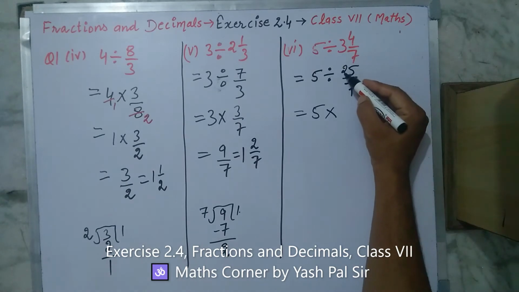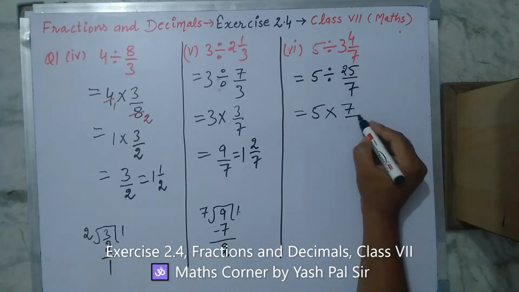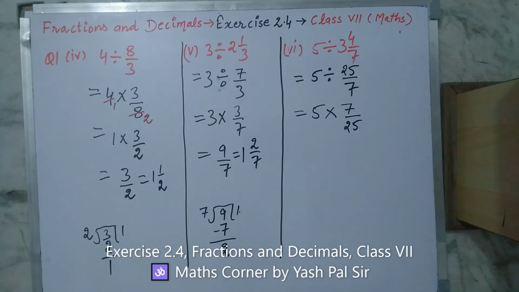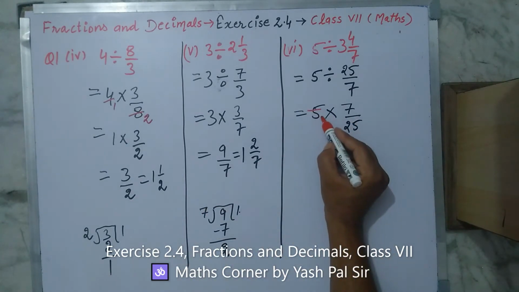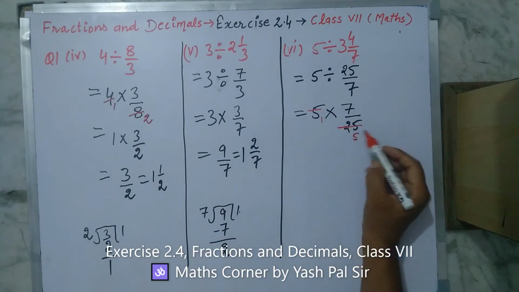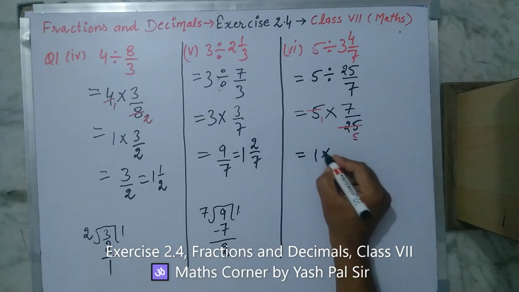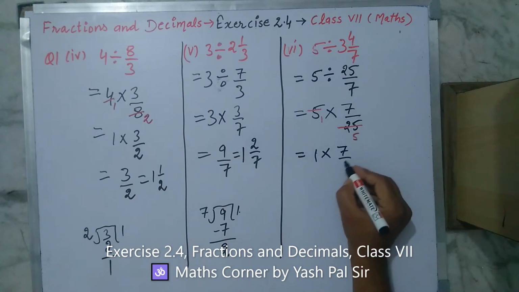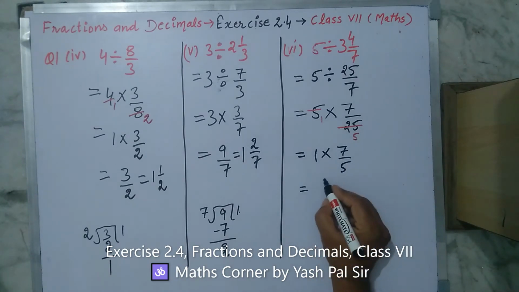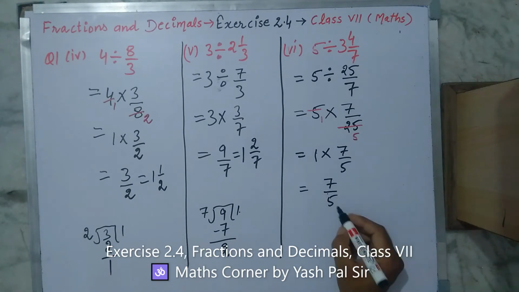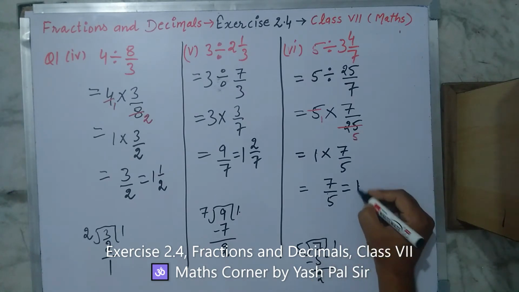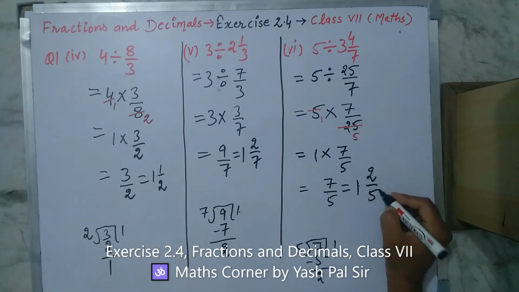So the reciprocal is 7 upon 25. Now we can cancel out. 5 ones are 5, 5 fives are 25. So we write this now as 1 into 7 upon 5. This is equal to 7 upon 5. So dividing 7 divide 5, 5 ones are 5, the remainder is 2. So the answer is 1 and 2 upon 5.